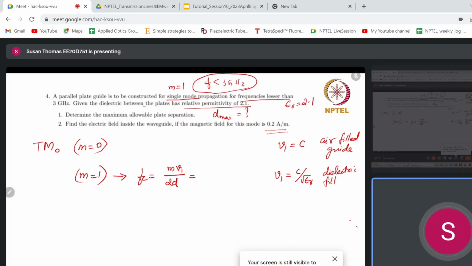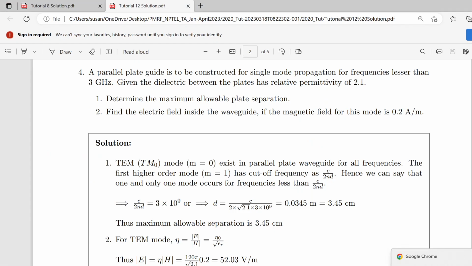So 2.1 is your relative permittivity. So Fc is V1 by root epsilon r, 2D.